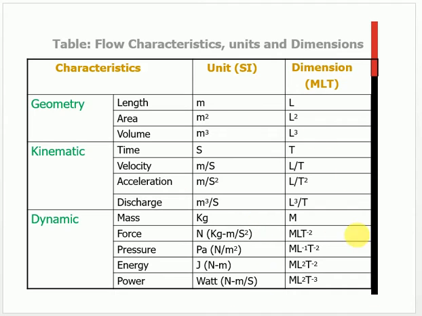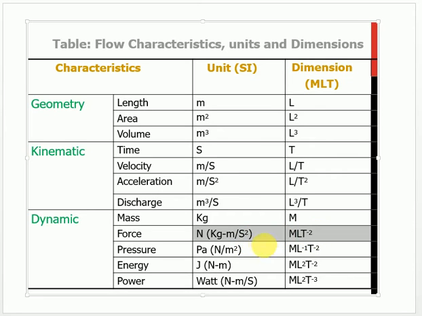So these are the dynamic characteristics. Kilogram is mass, M. For force, Newton, Newton equals mass into acceleration. Kilogram for mass, acceleration meter per second square. We derive it to the derived quantity: for kg, M; for meter, length L; per second square, T power minus 2.